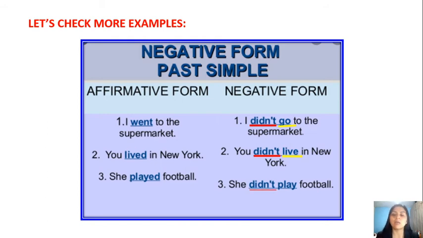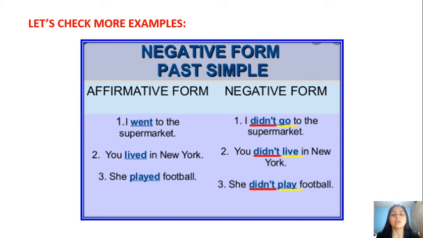Remember again that we are using didn't, that is the auxiliary verb in negative, and the verb in base form or in present. Why do we use the verb in present? Because we are using didn't, and this auxiliary verb indicates that we are talking about past.